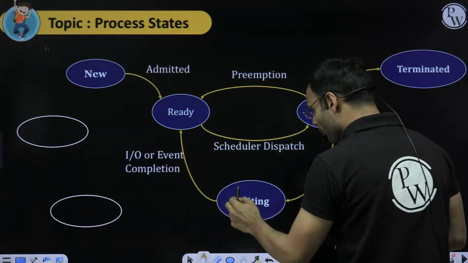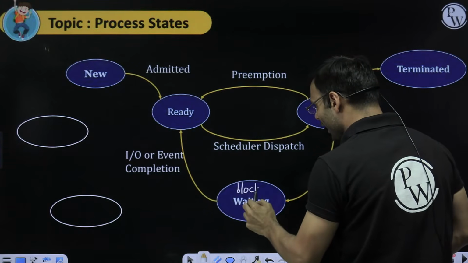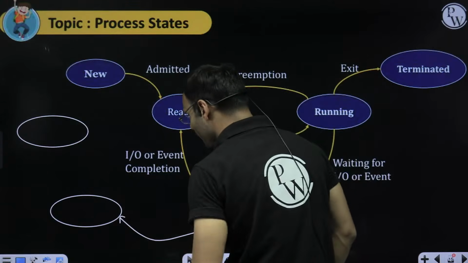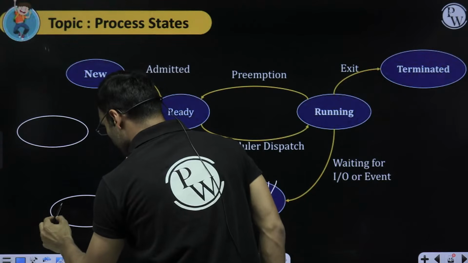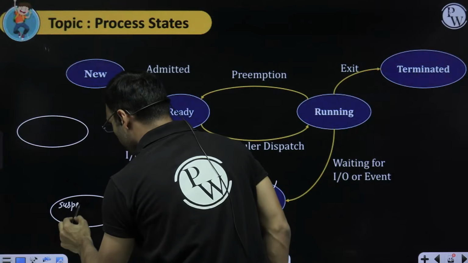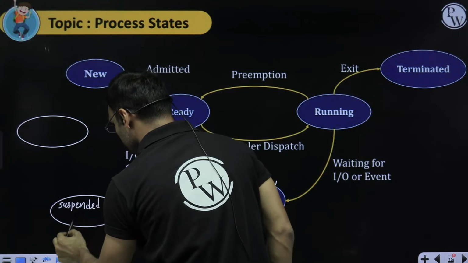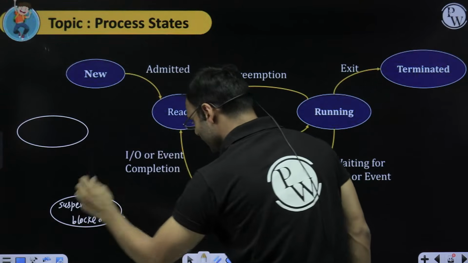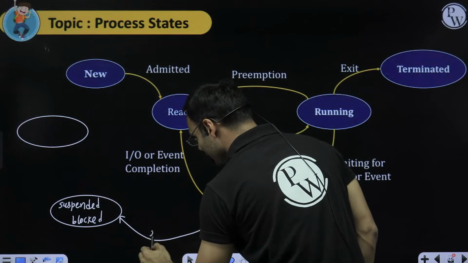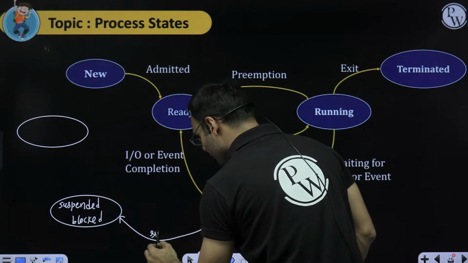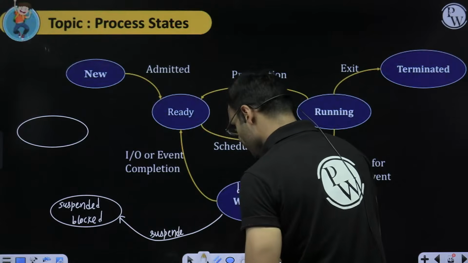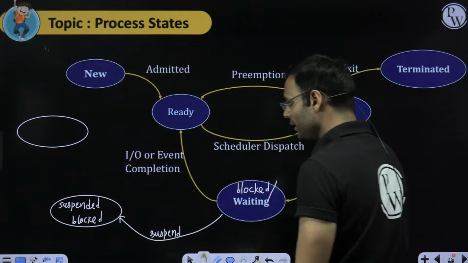So if a process is in blocked state and if it is swapped out, then it will go to a new state called suspended blocked state. So when it is suspended, meaning swapped out, then it is going to suspended blocked state.